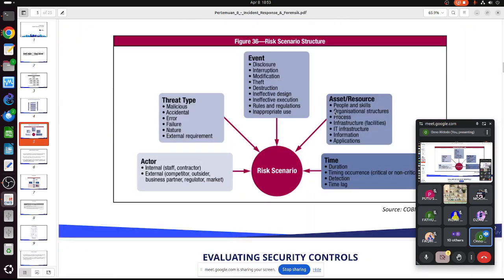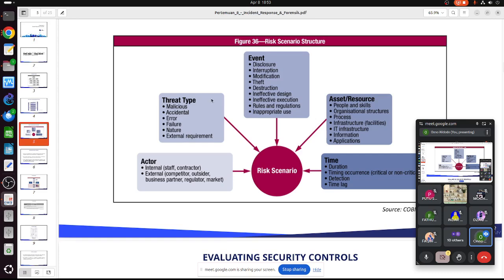Now the structure of the risk: if we see the risk scenario, there is an actor, which can be internal or external, and a threat type. Whenever a person like me teaches, we normally teach about the threat type, because we are technical guys.